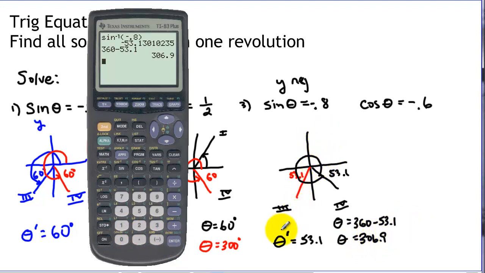And here, for my quadrant 3 answer, it's going to be that angle. So here's 180, and we're going another 53.1, so it's going to be 180 plus 53.1, and I get 233.1.